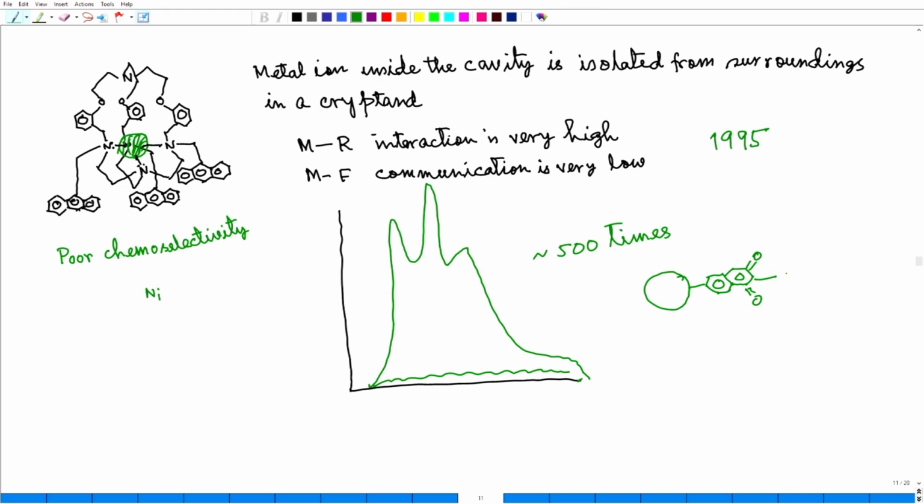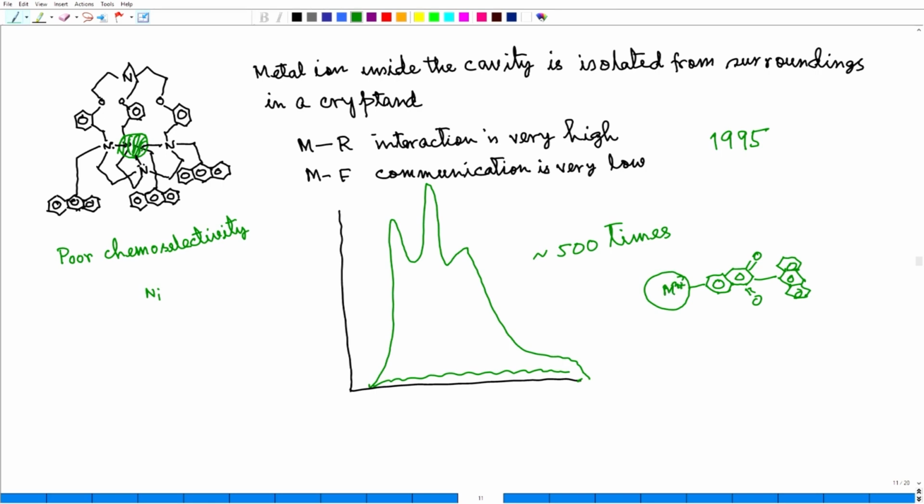And then here we say fluorophore. What will happen? This fluorophore cannot interact with the metal ion here, because it is very rigid.